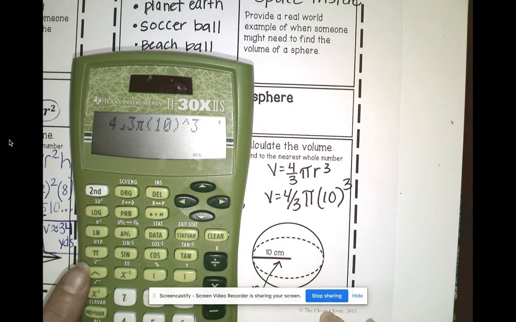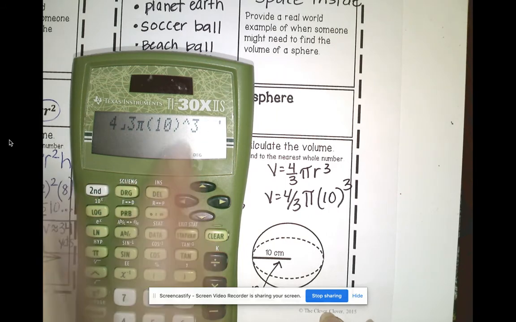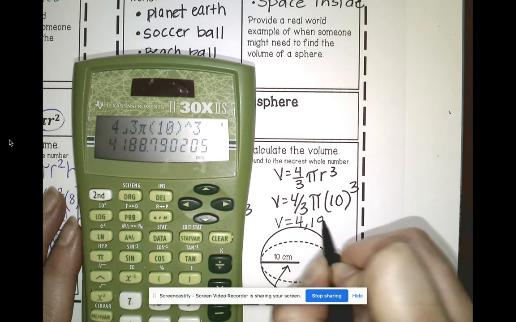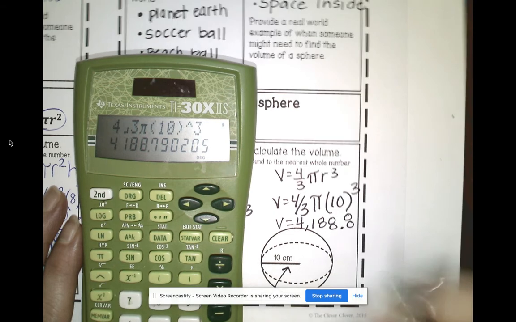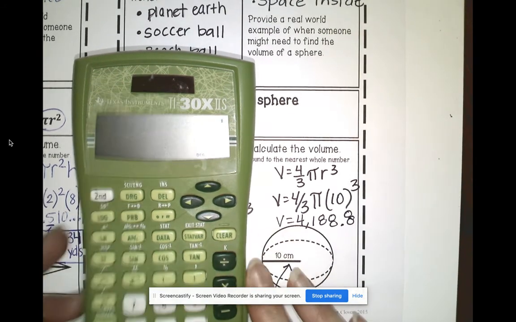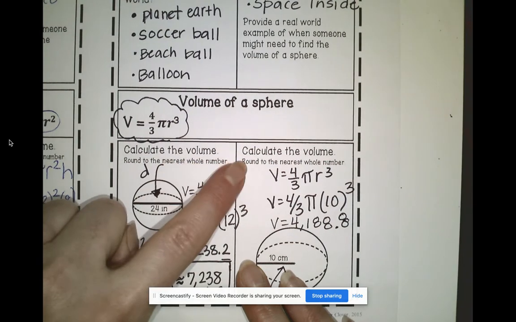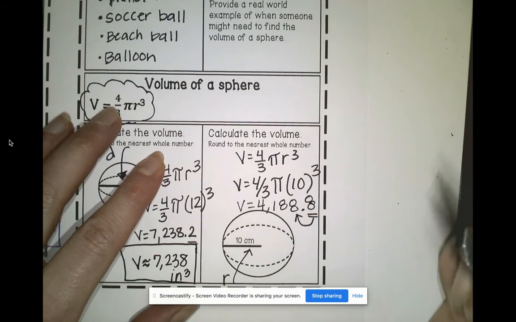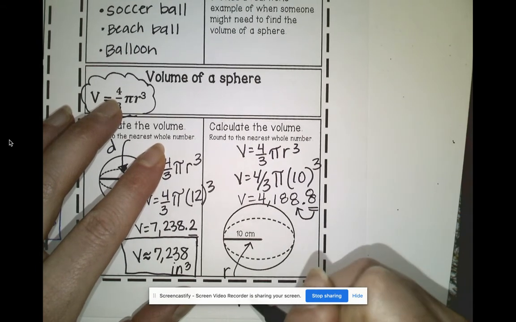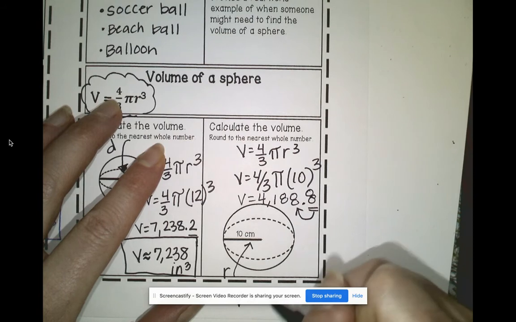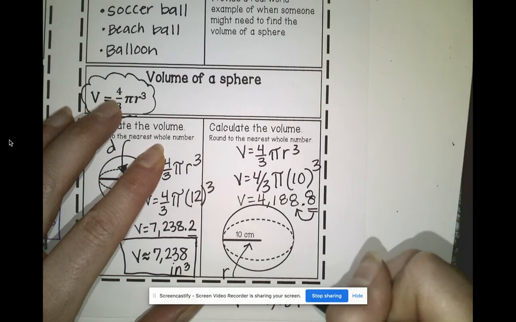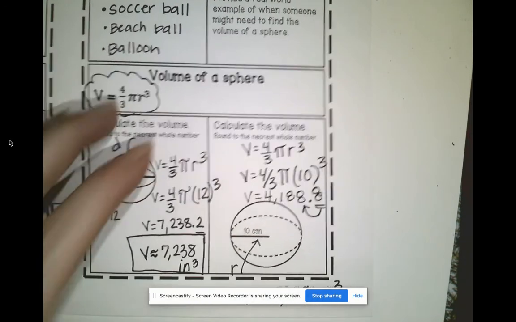Once again, if you do not have a calculator with that button, you can just do 10 times 10 times 10. That gets me 4,188 point, I'm rounding to the nearest tenth just for right now, because it asks us to round to the nearest whole number. This digit is 5 or higher, so that's going to bump it up, which would be about 4,189. My units here are centimeters cubed.